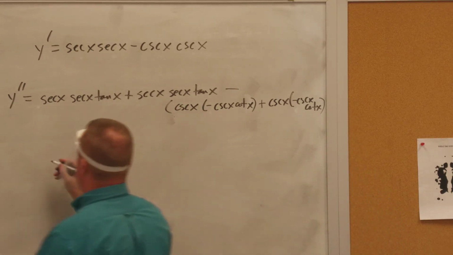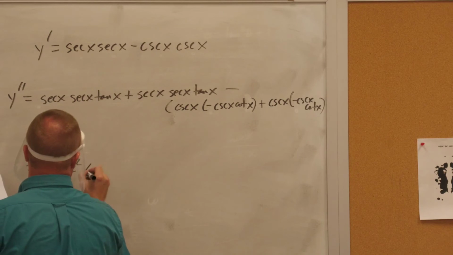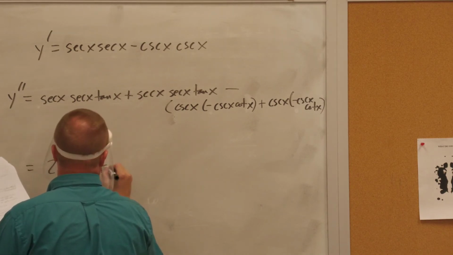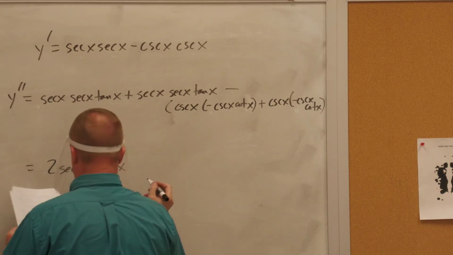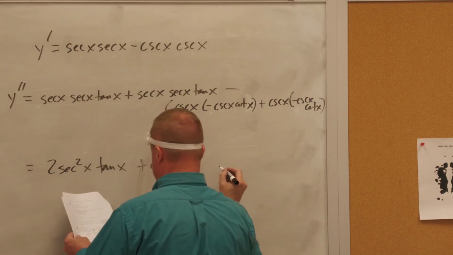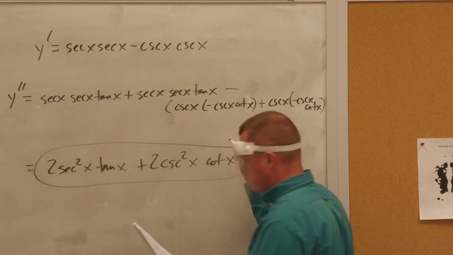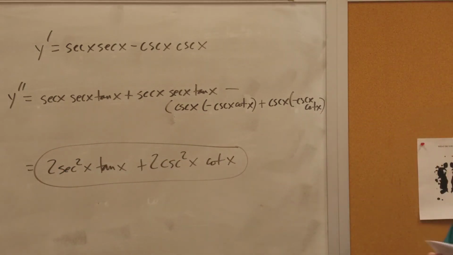All right, so not a big deal with reducing there. So 2 secant squared x tangent x plus 2 cosecant squared x cotangent x. Second derivative. All right, any questions? Okay.